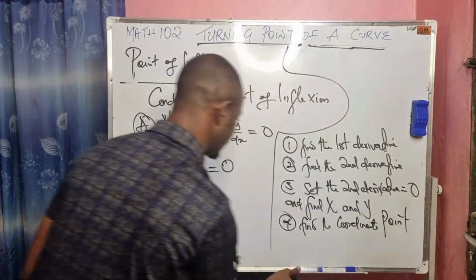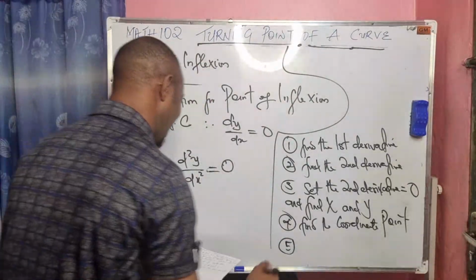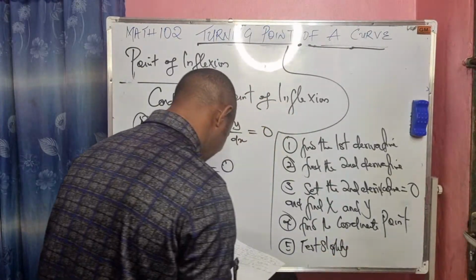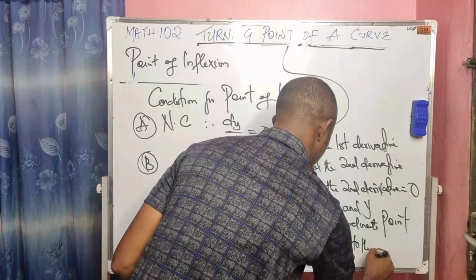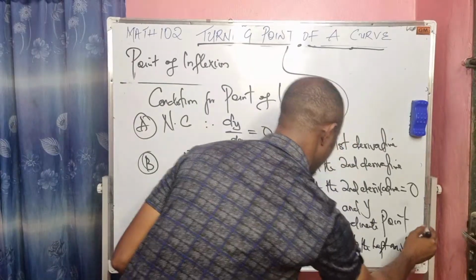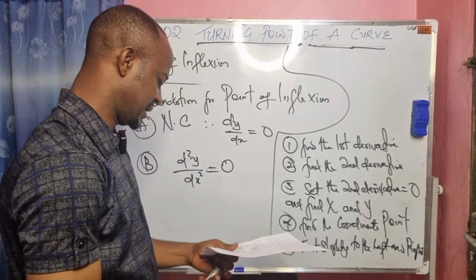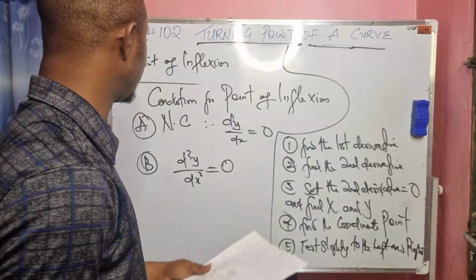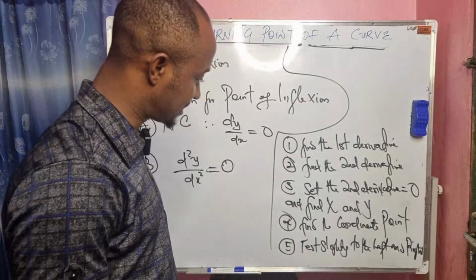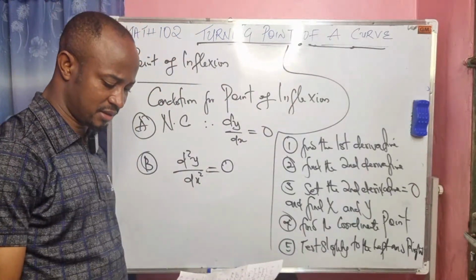Number 5, we have to test slightly to the left and right of x in the second derivative to confirm the sign changes. I will explain that when I bring up an equation.